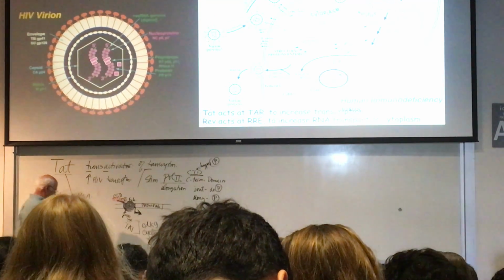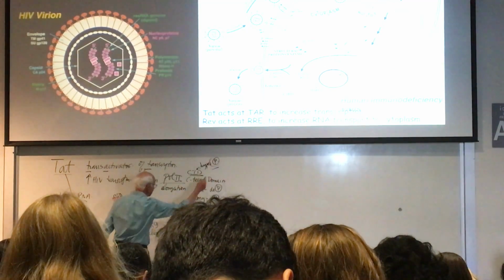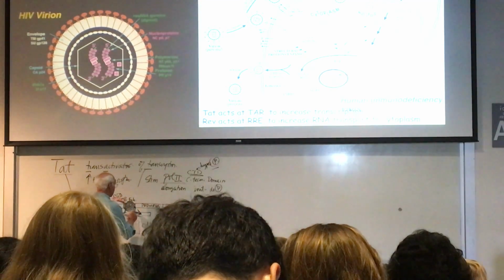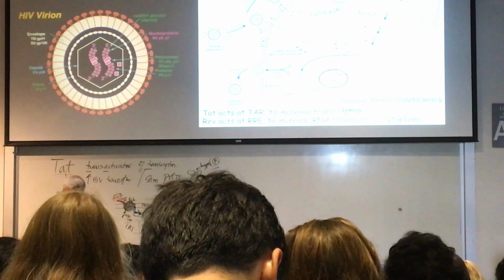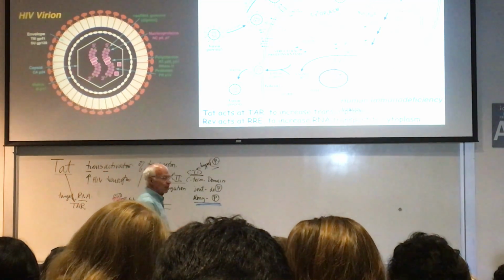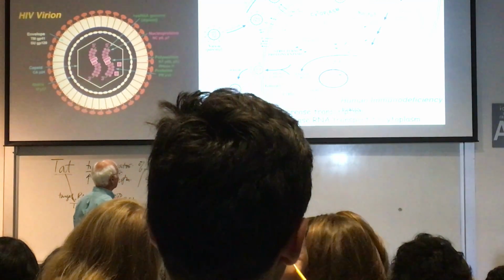So anyway, when this phosphorylation occurs, then we're in the elongation mode, and we get way more transcription of the provirus. All right, so that's how TAT works, to basically give a more robust production of the viral RNAs.